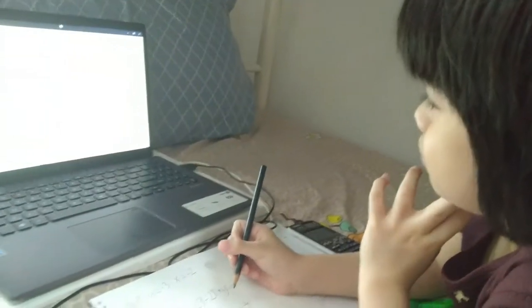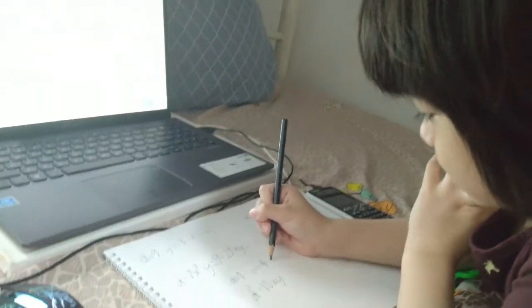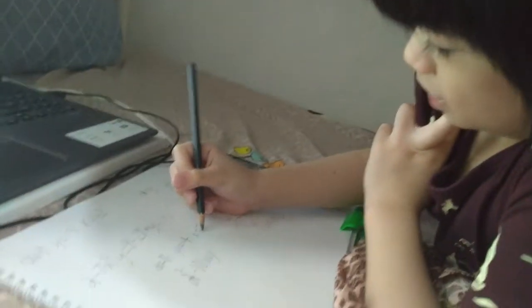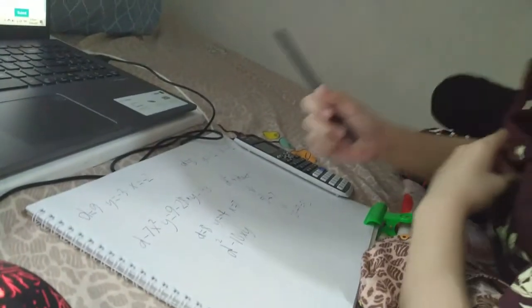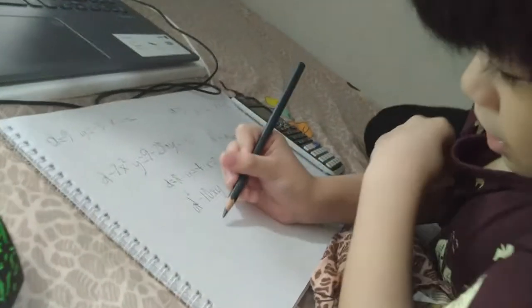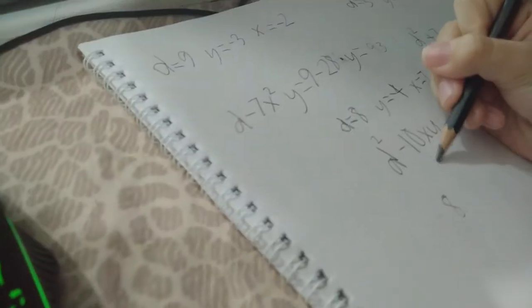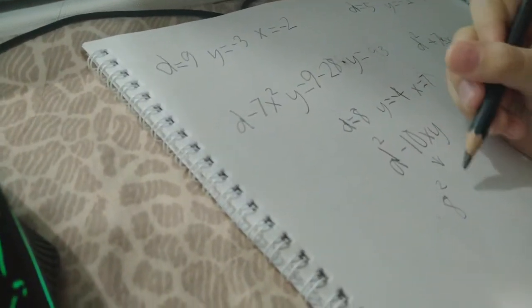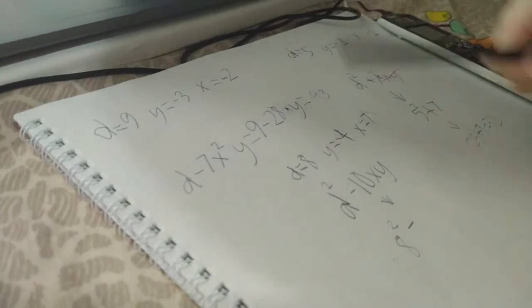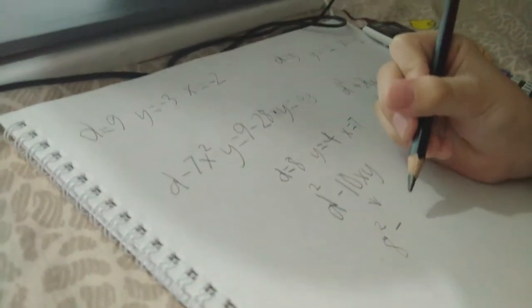And x is positive, x equals 7. I'm so lucky it has a 7. Okay, d squared means 8 squared, and then minus negative 4 and 7.